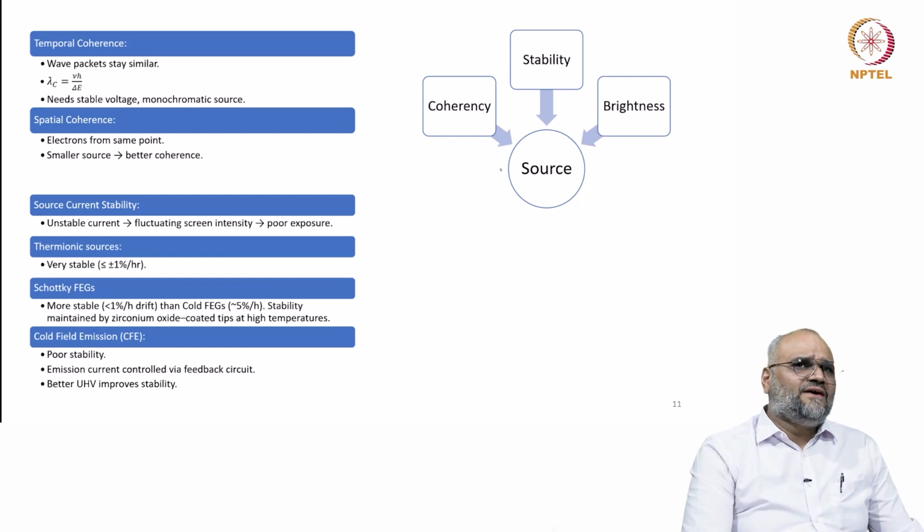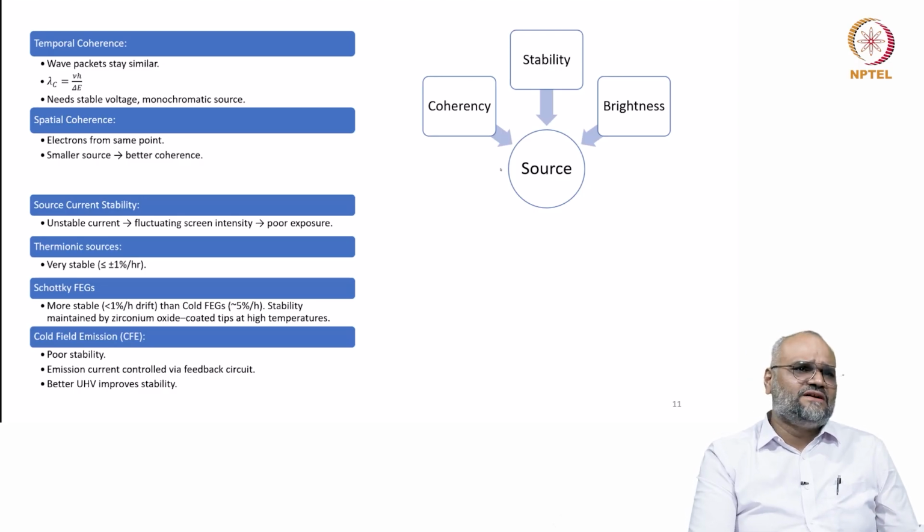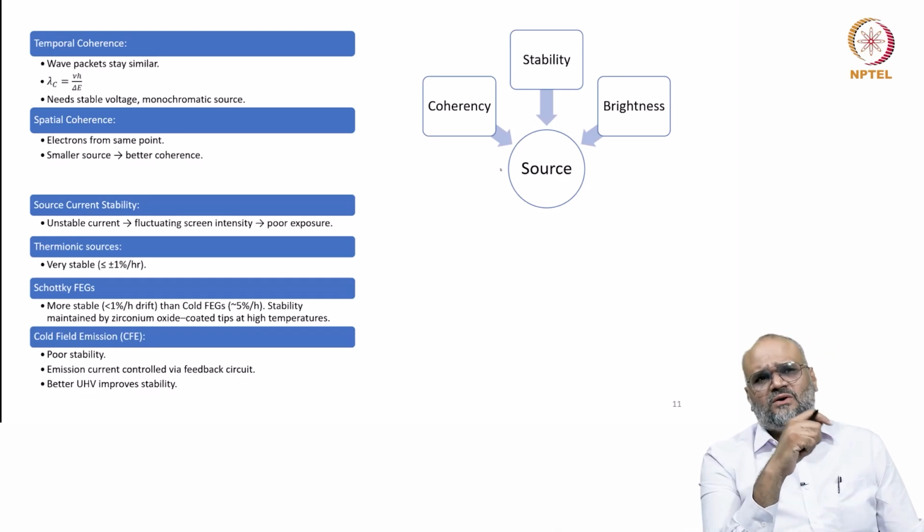So we have the Schottky field emitter, which, once switched on, keeps running for a period of 1.5 to 2 years or even longer in a few cases if it is maintained well. And to lower the work function barrier, the tungsten needle is typically coated with zirconium oxide, and typically these have a stability of around 1% per hour.